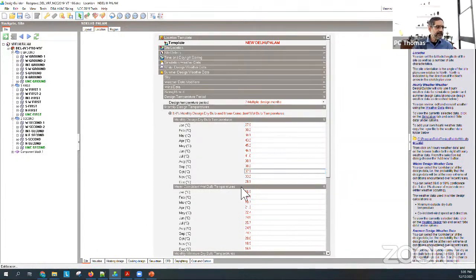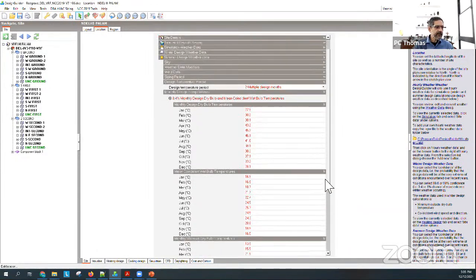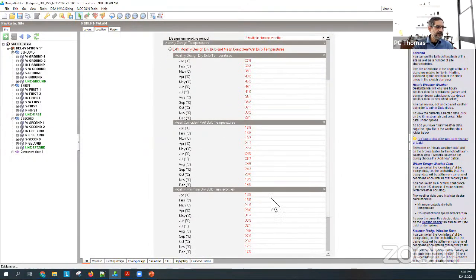Now you'll see that there's a dry bulb condition. There is what we call a coincident wet bulb condition. So at this dry bulb condition, what is the humidity in the air? Okay, so if you take a psychrometric chart and you look at the combination of dry bulb and wet bulb, you will get a particular point on the chart. Okay, and the third item that you get there is what is the minimum temperature in that day.